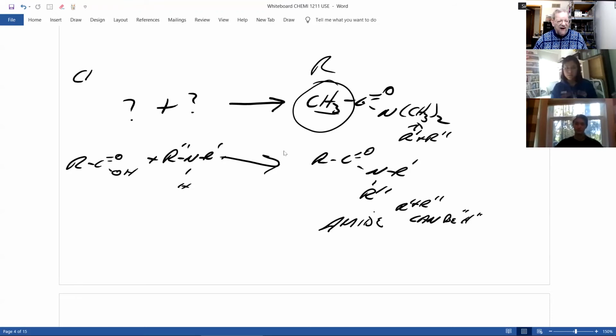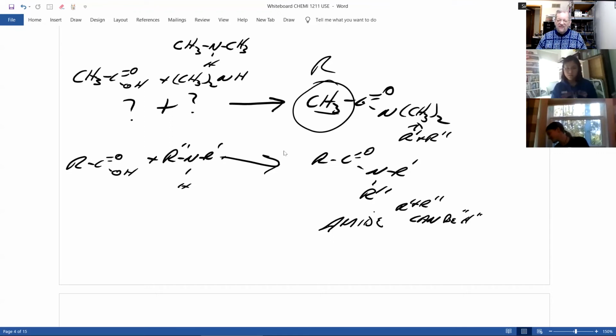My R group is methyl on my carboxylic acid, acetic acid, and my R prime and R double prime are methyls. I can write it this way, or you can write it this way. And that's how you do amides.